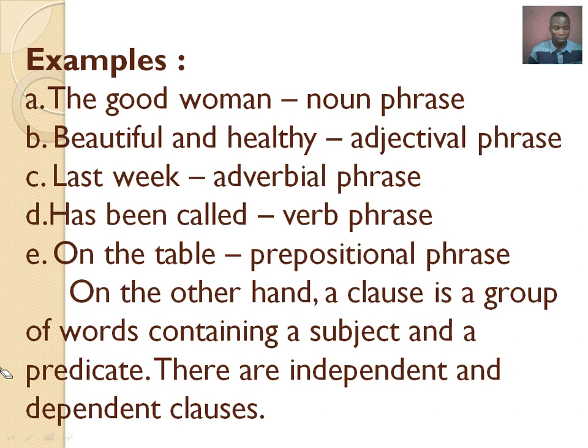You can call it the main clause or the independent clause, and the subordinate or the dependent clause. A main clause can occur alone and make complete sense, while a subordinate clause cannot make complete sense in itself, except it depends on the main clause.